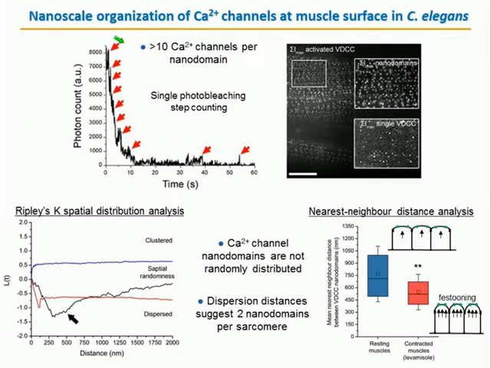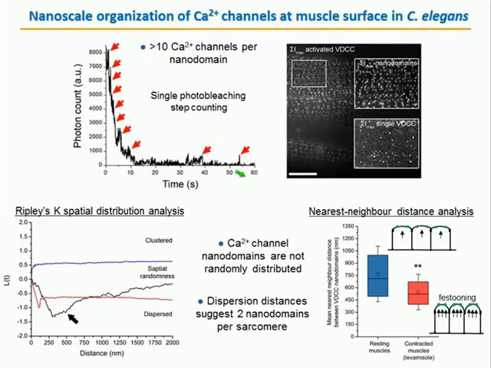Here we use a high concentration of peptides to activate as many calcium channels as possible at the surface of muscles, and basically go down and let the molecules bleach, counting the number of bleaching steps corresponding to one particular type of nanodomain. So we sit on one type of nanodomain right here and let it bleach to the point where we reach individual molecules, and then count the number of bleaching steps, which allows us to evaluate that we have at least 10 calcium channels per nanodomain for the slow diffusing ones.